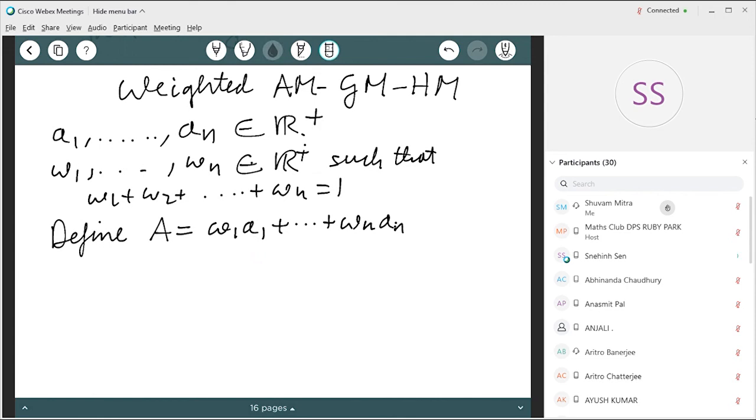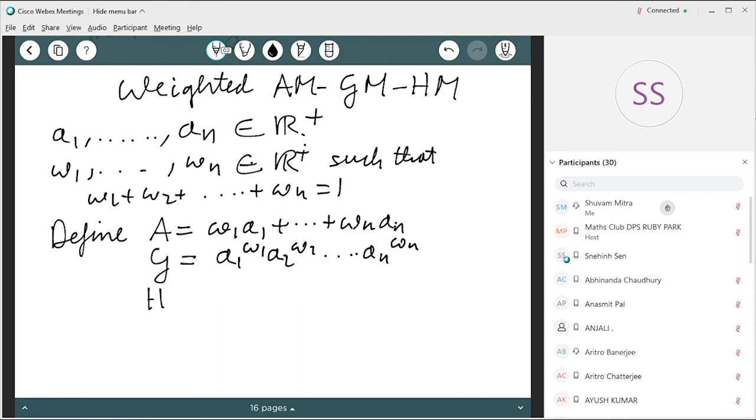So it's again some arithmetic operation, and generally sum and arithmetic are treated as equivalent. G is defined as we just did: A1 to the power W1, A2 to the power W2, up to AN to the power WN.